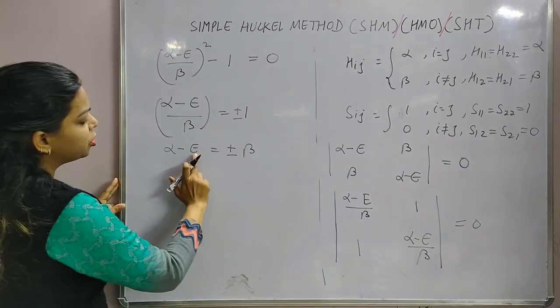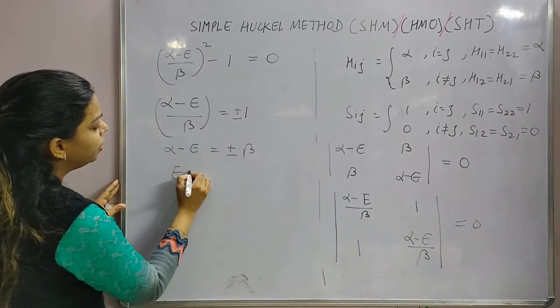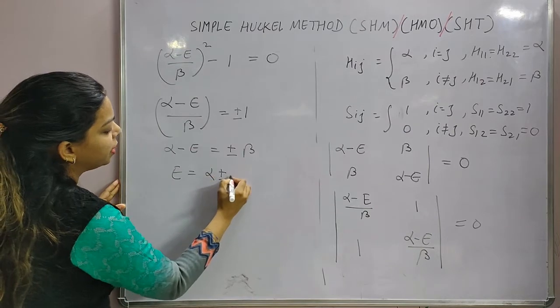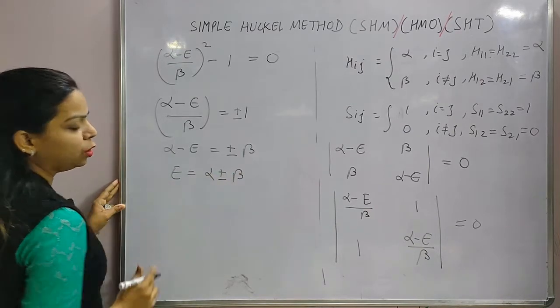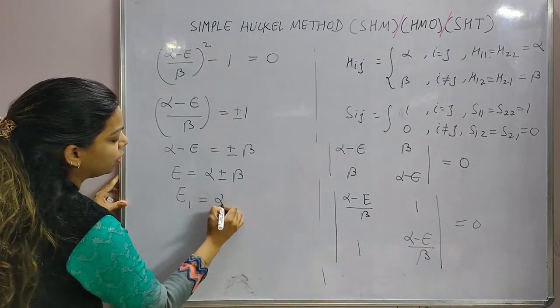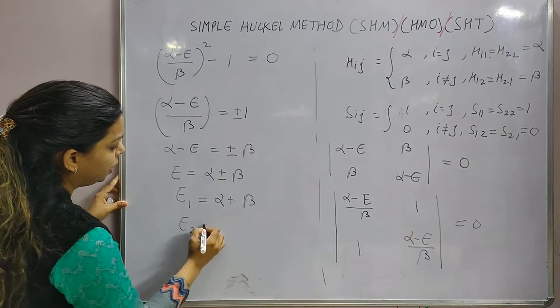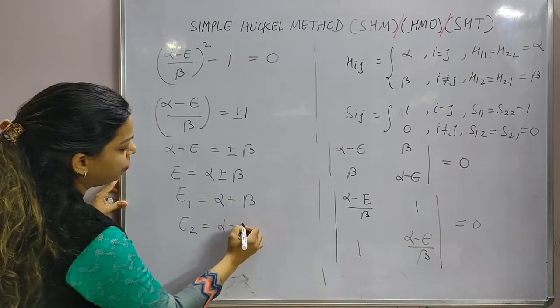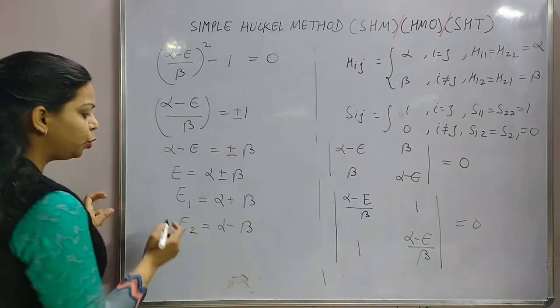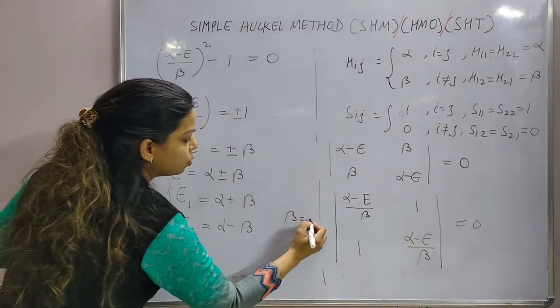For the energy expression, take energy on the other side and beta this side. So energy will be alpha plus or minus beta. We have two energy values, right? So let's say E1 is equal to alpha plus beta and E2 is equal to alpha minus beta. So we have two values of energy. Beta always comes out to be negative.